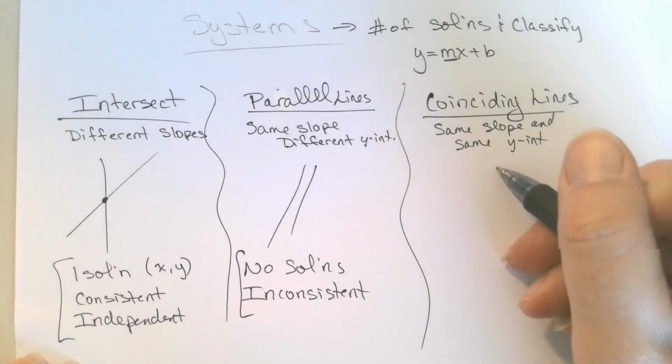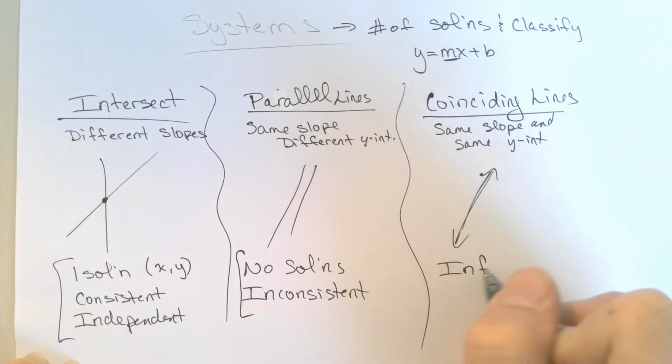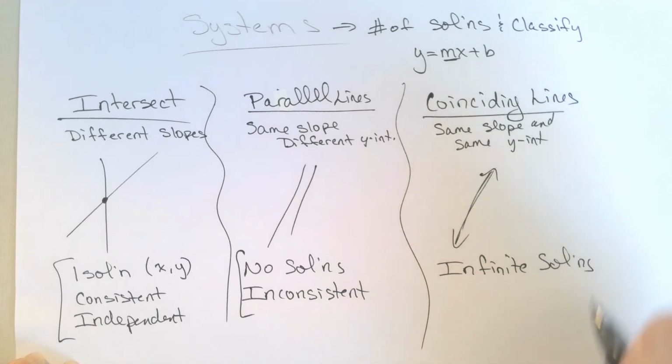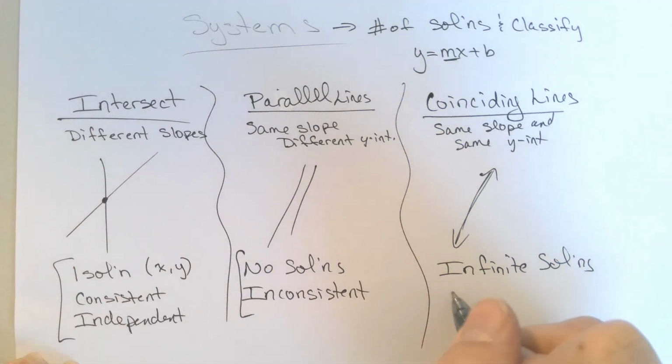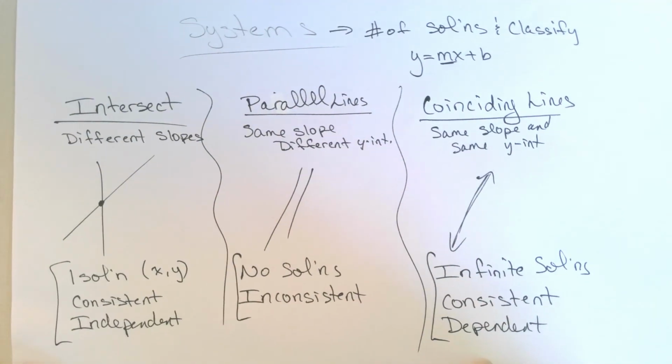If they're coinciding lines, they're going to overlap, and that means they would have infinite solutions. And if they have infinite solutions, it means it works, so it is consistent, but the lines are dependent on each other. So this would be great if you already had it on a note card to be using it. These are the three things that can happen.